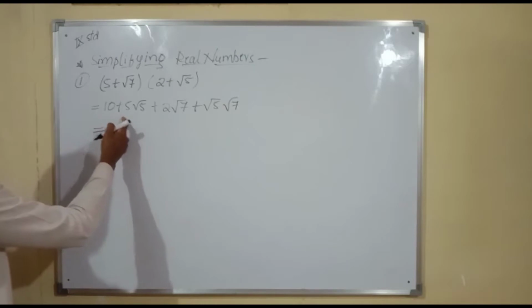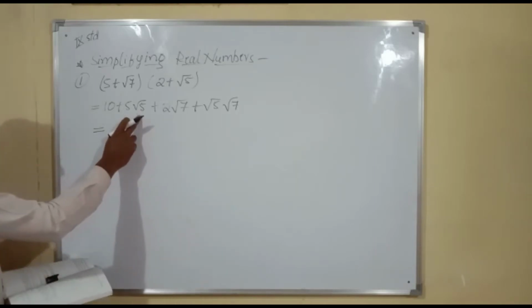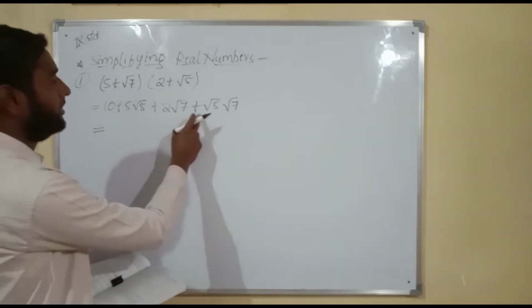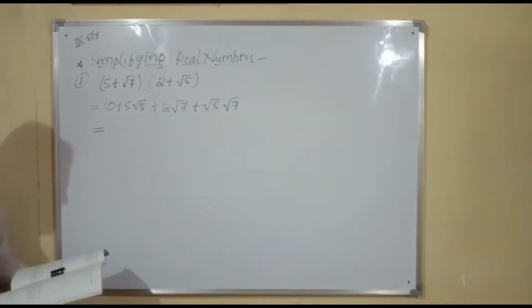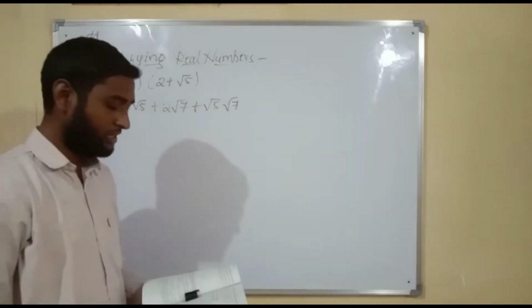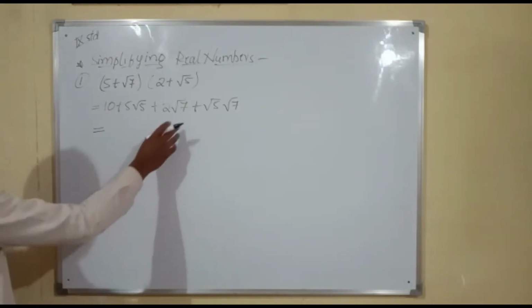When I have written this, I can't get any like terms here. We have root 5, root 7, and root 5 into root 7, so I can't have any like terms. So I can keep this as it is.